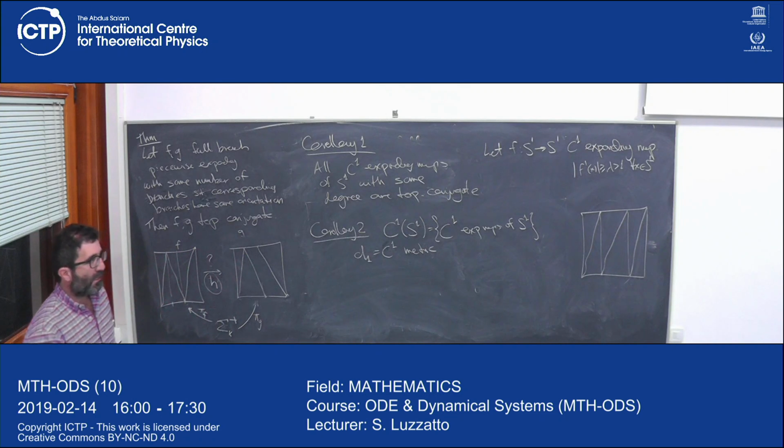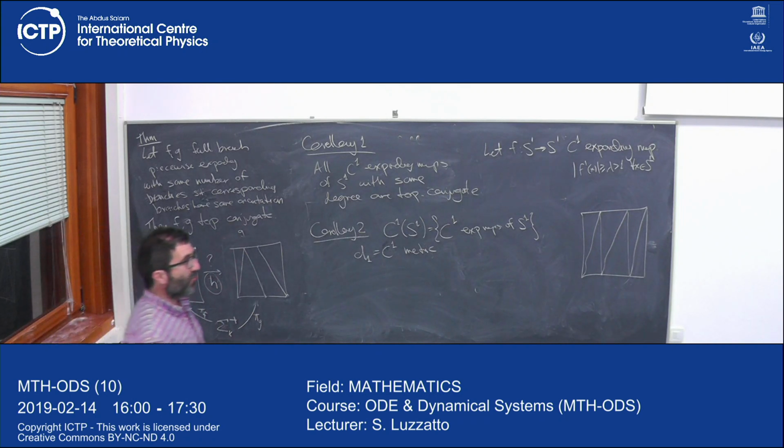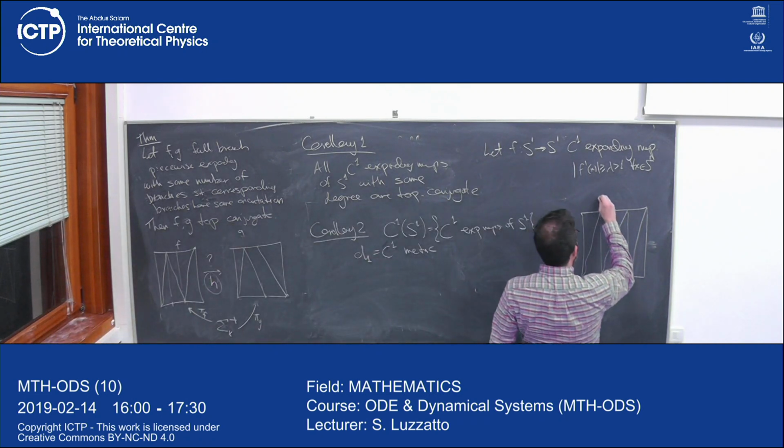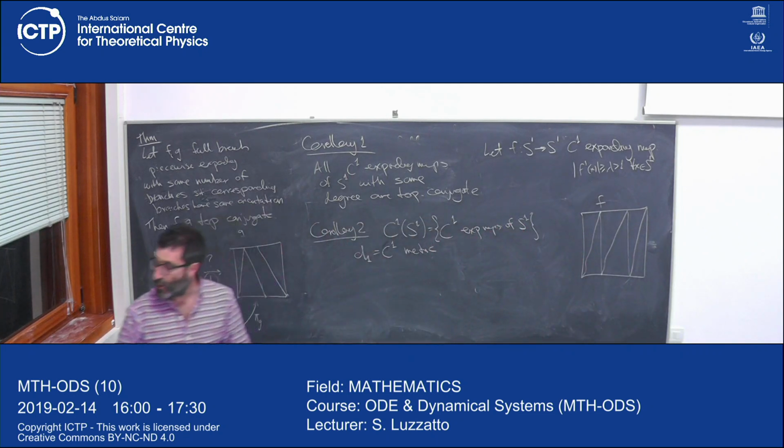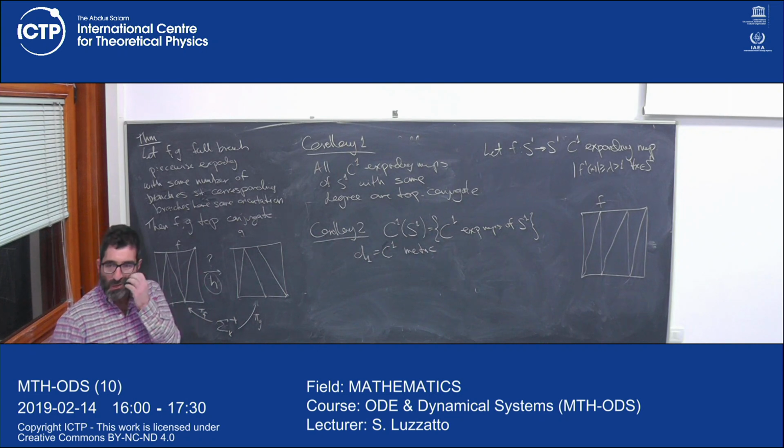So what happens if you take a C1 perturbation? What happens if you start with some map like this F, okay, and you take another map that is C1 close to this one?